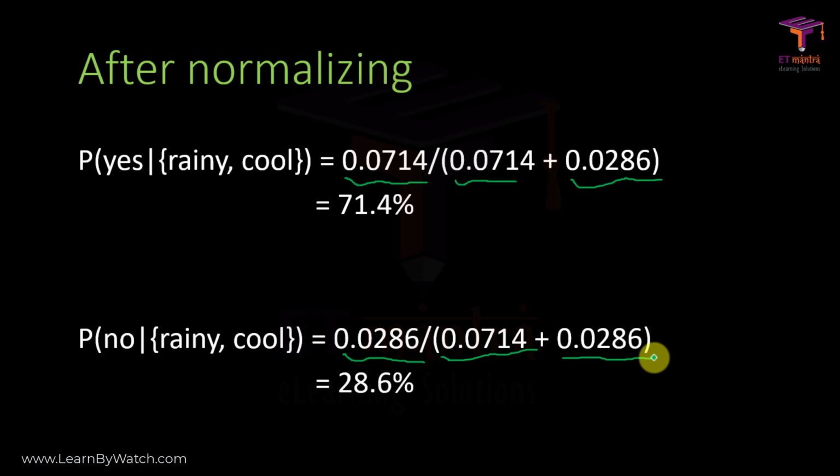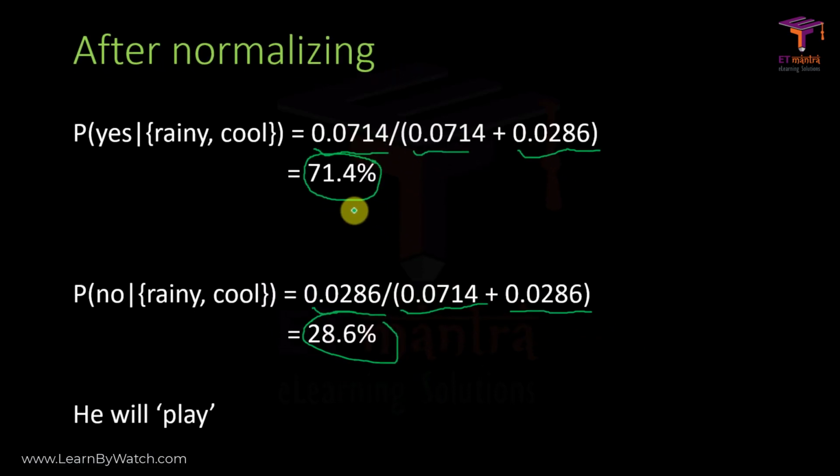We have just normalized it to find the actual percentages of yes and no. So yes probability is 71.4% and no probability is 28.6%. We can directly tell that the probability that the match will happen is higher, so we conclude that the match will be played.